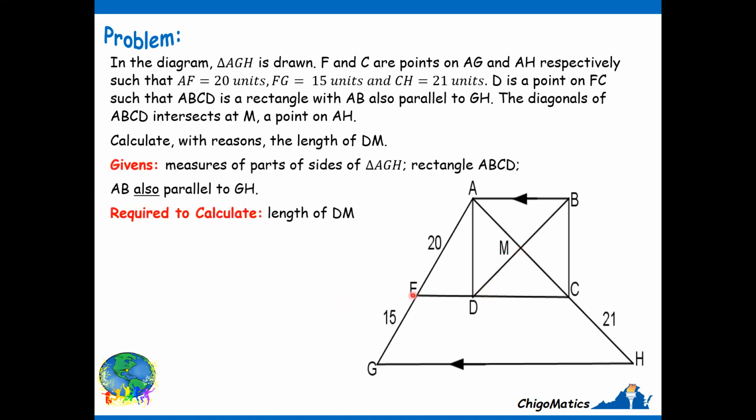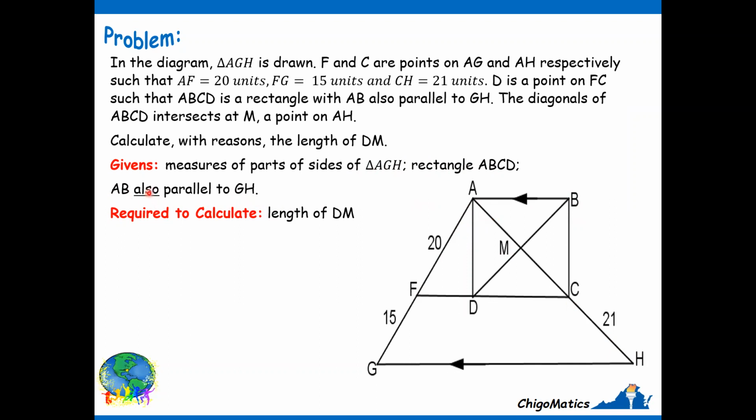So in this case, if we are to separate the givens, we are given measures of parts of sides of triangle AGH, the rectangle ABCD, and AB also parallel to GH.